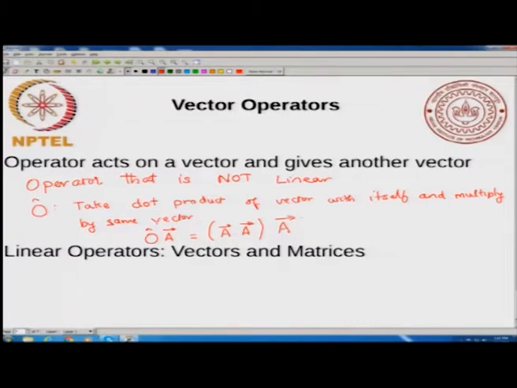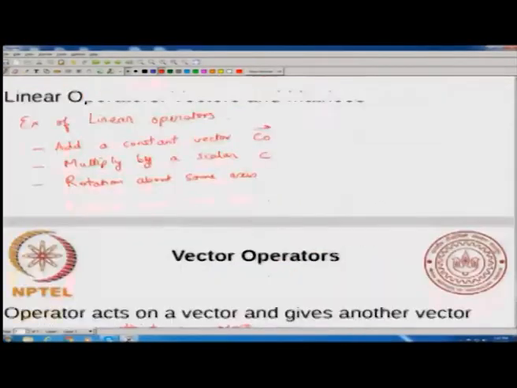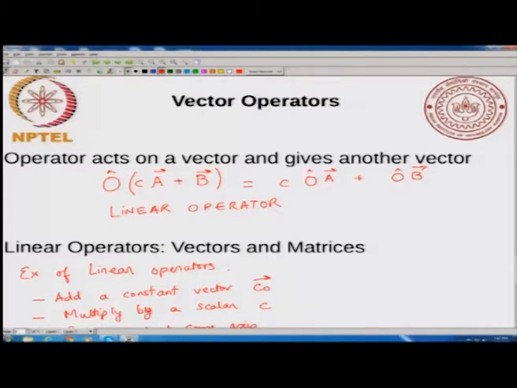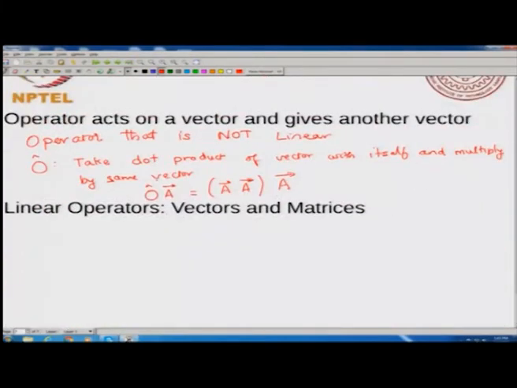Now, you can show that if you do this, then this is not a linear operator, because it's fairly easy to show that it does not satisfy the condition for a linear operator. Suppose I take O of CA.